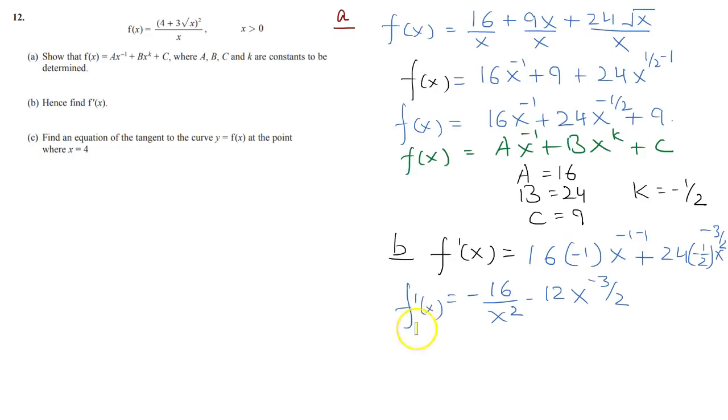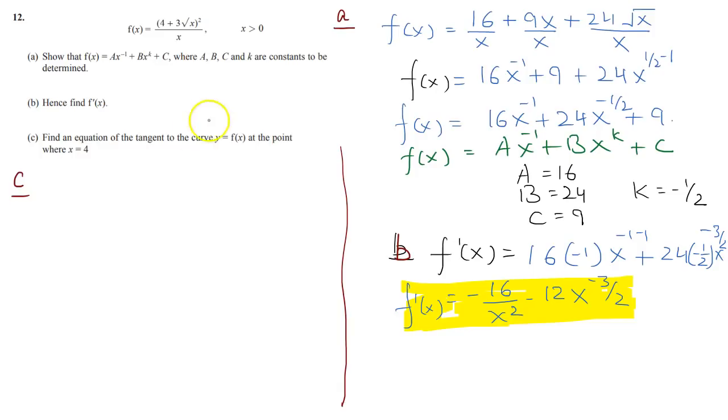So this is the part B. Find the value of f dash x. It is this. Find the equation of tangent of the curve y is equal to f of x at the point x is equal to 4. So we have dy over dx at x is equal to 4 is minus 16 over 4 square minus 12 times 2 square minus 3 over 2.